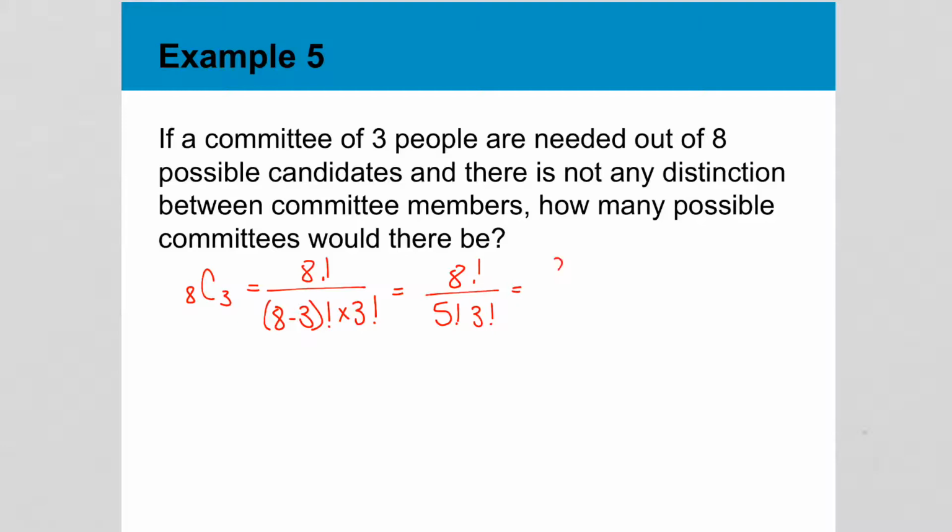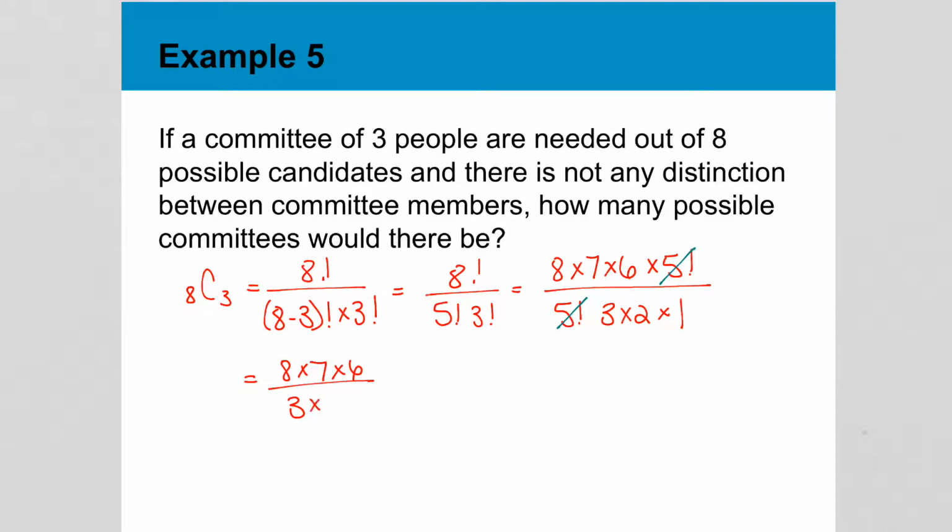On the top we have 8 times 7 times 6 times 5 factorial. On the bottom we have 5 factorial, which I'm leaving like that because I know it's going to cancel, and then 3 times 2 times 1. So it's 8 times 7 times 6 divided by 3 times 2 times 1. 56 possible committees.